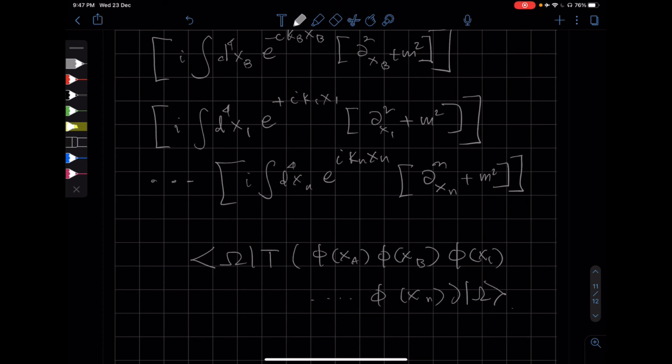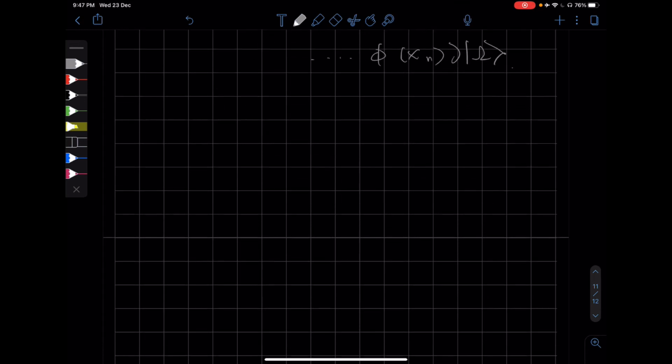Okay, so what is the interpretation of the LSZ theorem? Let's make some comments on this. So, asymptotically, the wave operators have Fourier transforms of minus k squared plus m squared.